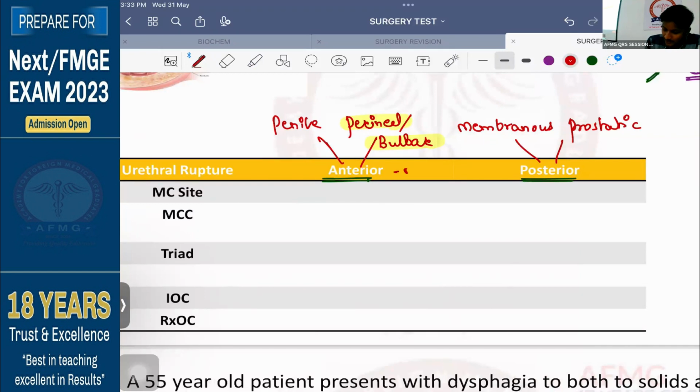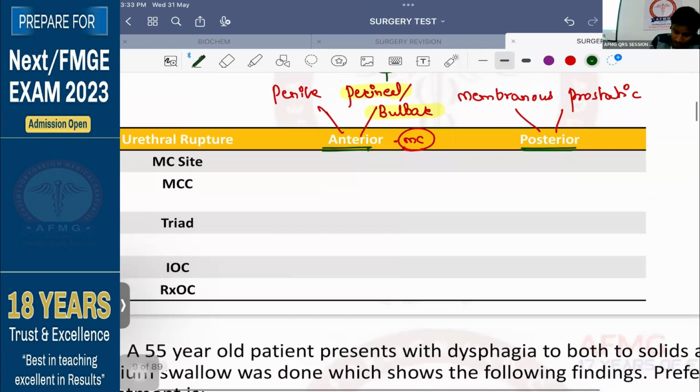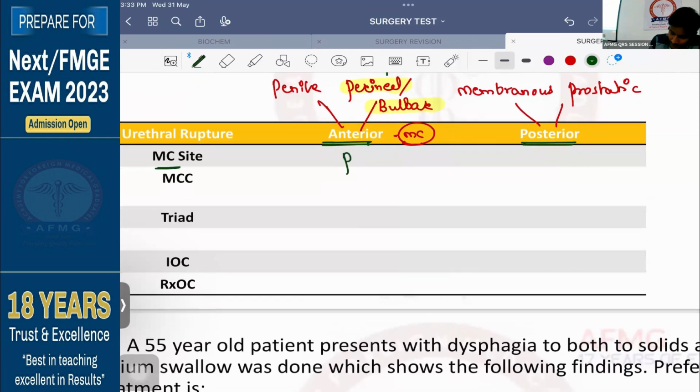More common is definitely anterior urethral rupture, and in anterior also the more common is perineal urethral rupture. तो अगर वो overall पूछते हैं, okay, most common site for urethral rupture, answer should be perineal or bulbar urethral rupture. Most common site I've already told you. Here it is perineal, and in posterior one it is membranous.